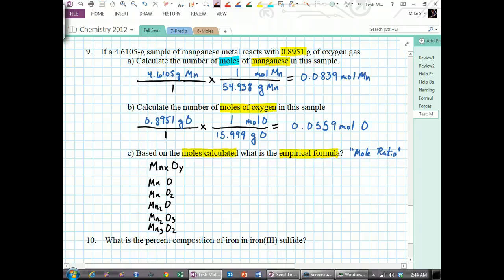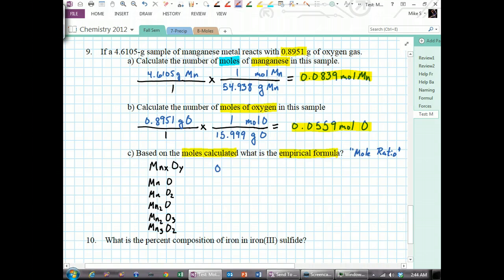What you need to figure out based on this data is what is the ratio. So ratio, what I hope you think of, is division. Moles of, in this case, we have 2 numbers that we got, which is moles of manganese and moles of oxygen. We're going to figure out the ratio by dividing them.